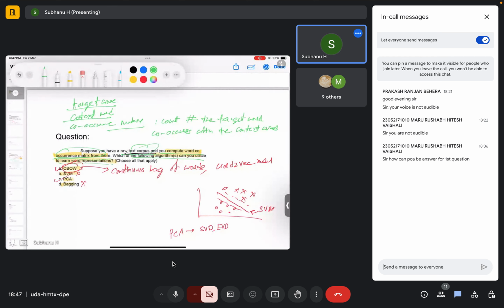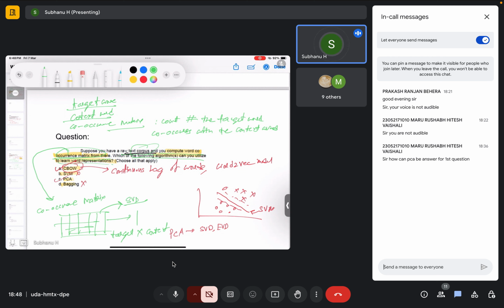PCA is the mathematical technique used for dimensionality reduction. It basically decomposes a matrix. This co-occurrence matrix is a matrix of size target cross context. As this is a matrix, you can apply SVD, singular value decomposition, or eigenvalue decomposition.